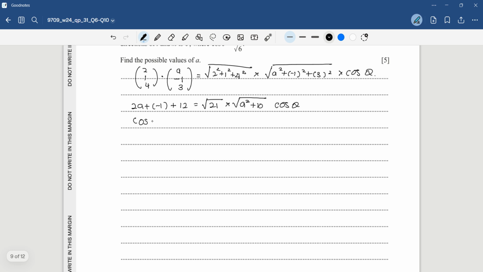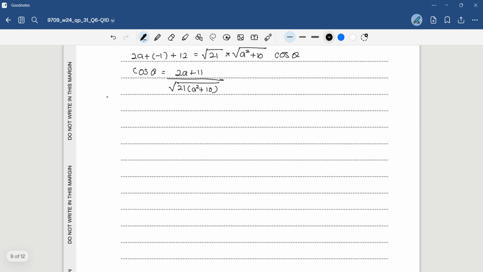Therefore, cos theta is equivalent to (2a + 11) over the square root of 21(a² + 10). From the question, it is given as 1 over 6, so you can equate: (2a + 11) over the square root of 21(a² + 10) equals 1 over the square root of 6. So I just square both sides to eliminate the square root.